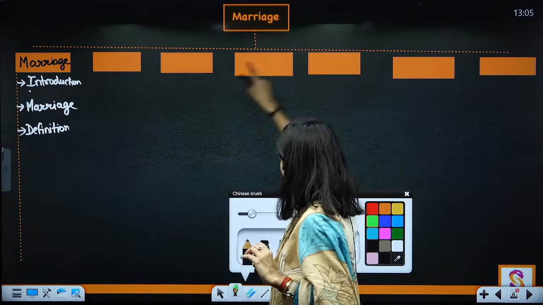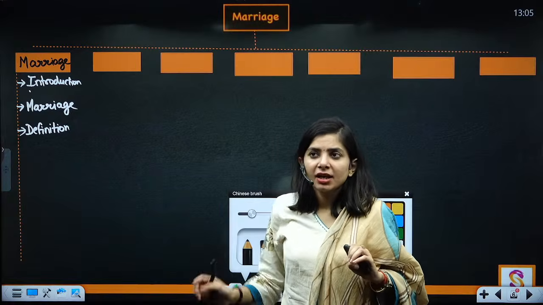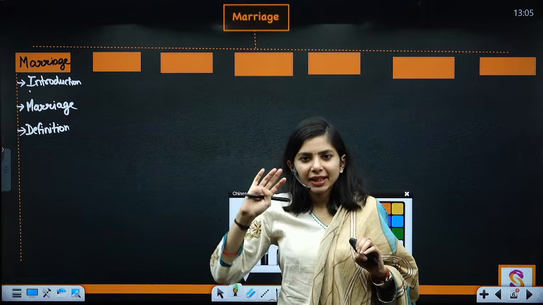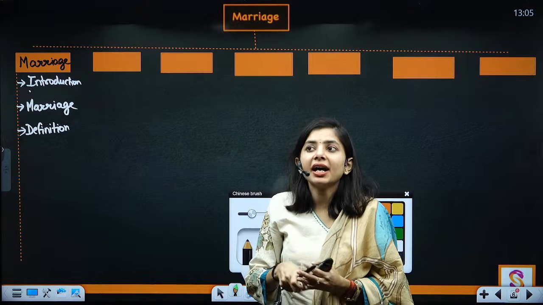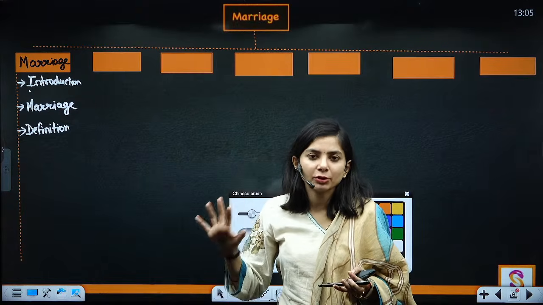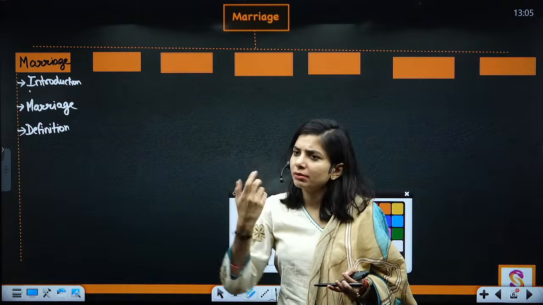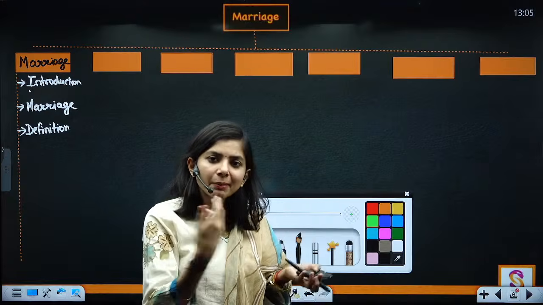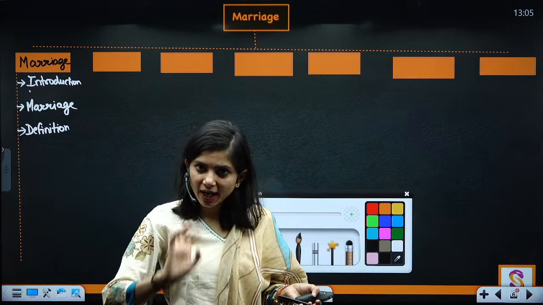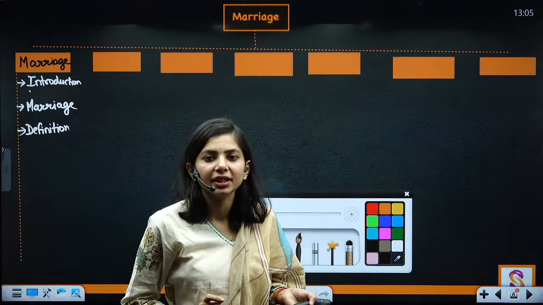Let us suppose in this complete index, green color appears 8 times. So I will try to remember that in the marriage unit, I should remember 8 names of anthropologists, and as per my convenience, I can mention any name anywhere if I feel that I know it and it should be mentioned here. Fine.